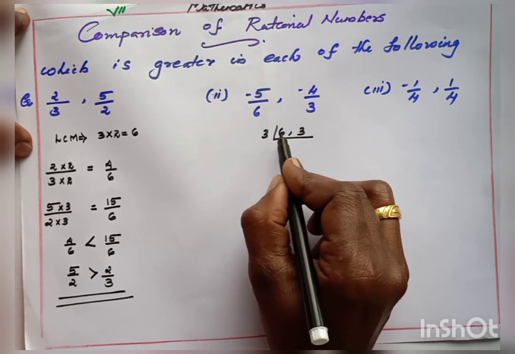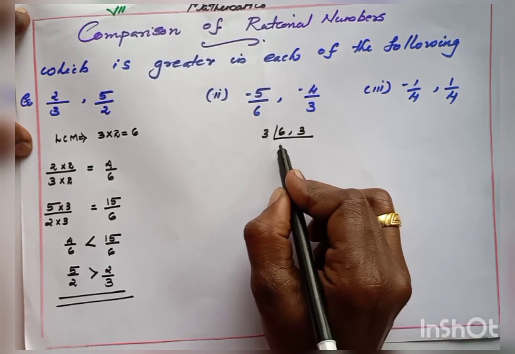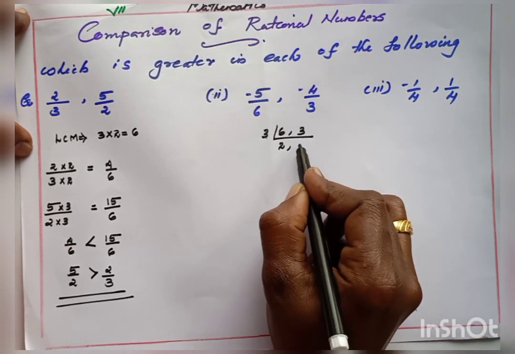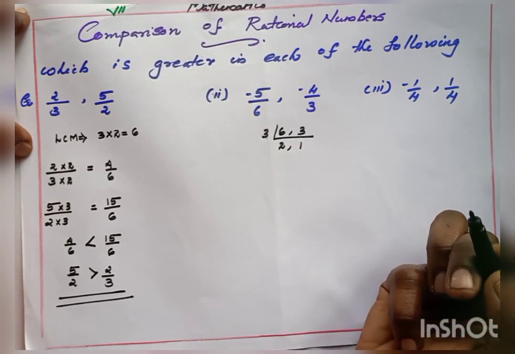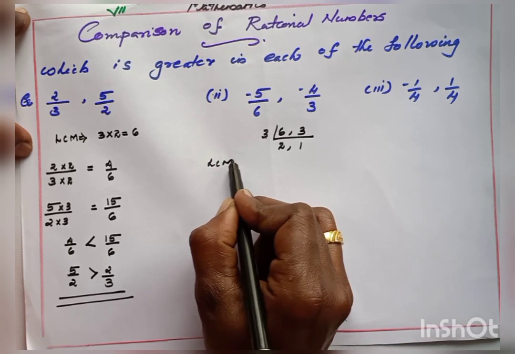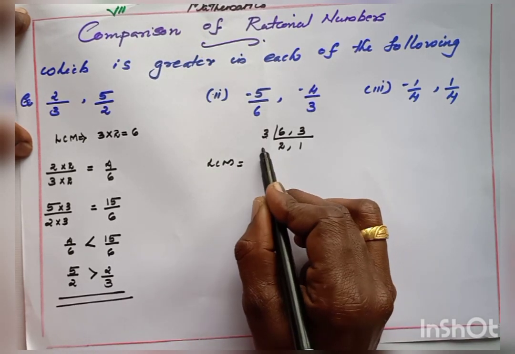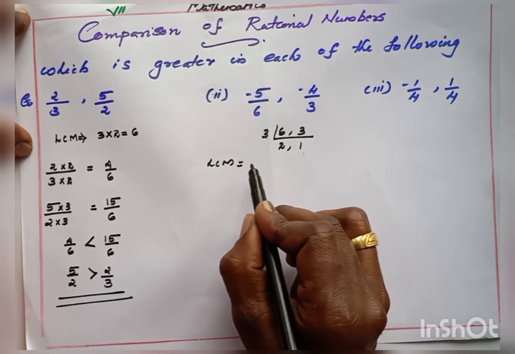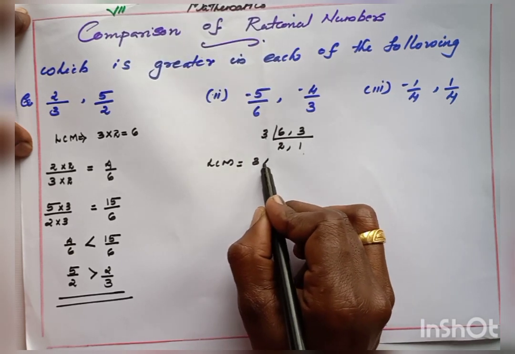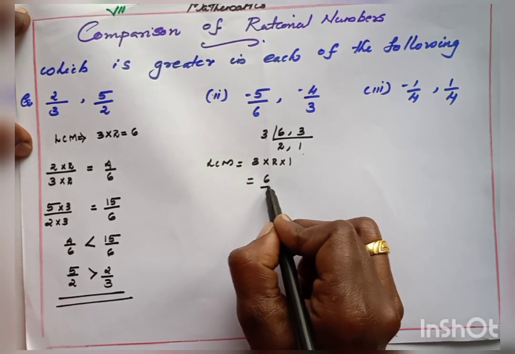We can divide these two numbers by 3. So we get 2 threes are 6 and 1 three is 3. Next, we can divide only by 2. So the LCM is equal to 3 into 2 into 1. So we get 6 as the LCM.